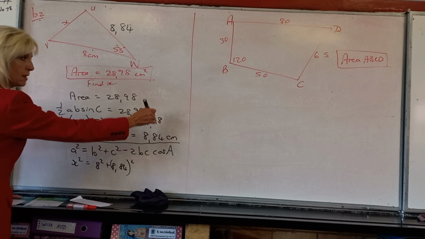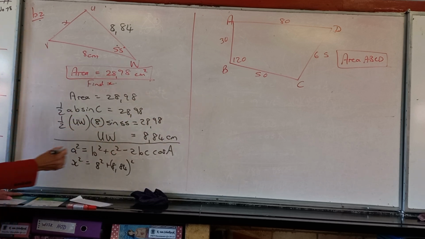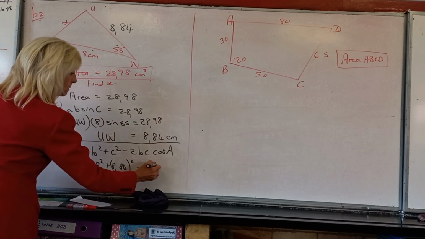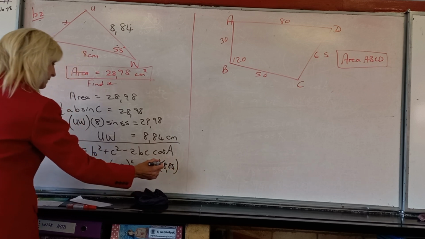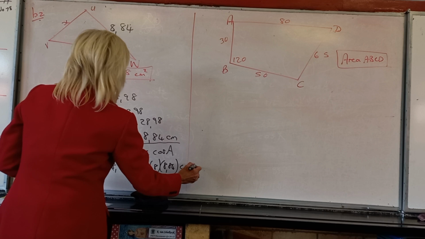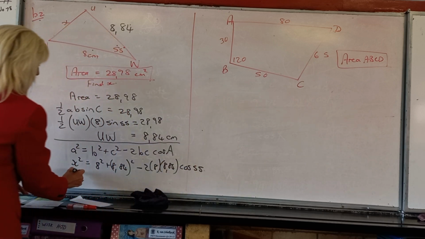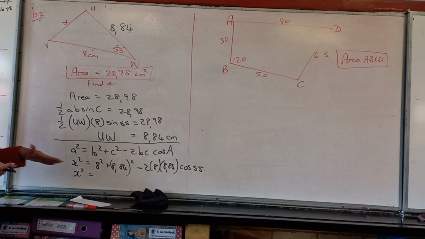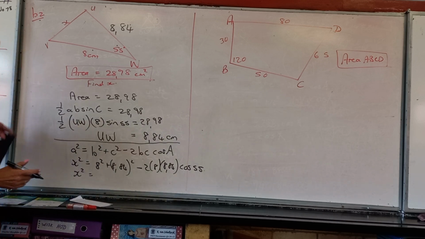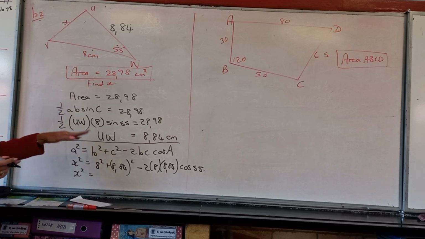If that was wrong, then I have to follow up with your incorrect answer here. Minus 2 times 8 times 8.84, and then times cos of the included angle, which was 55. Then we normally write the x squared, although I don't have lots of space here. x squared first, and then we write the answer for x. So you fill it in just as is.